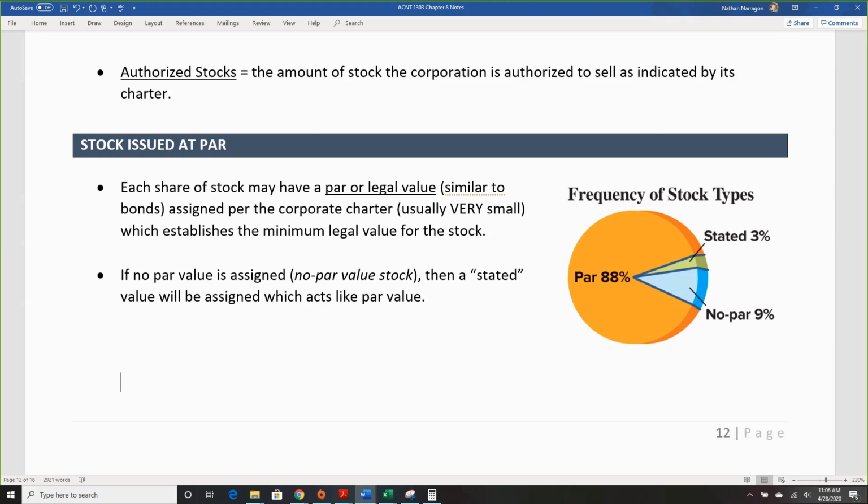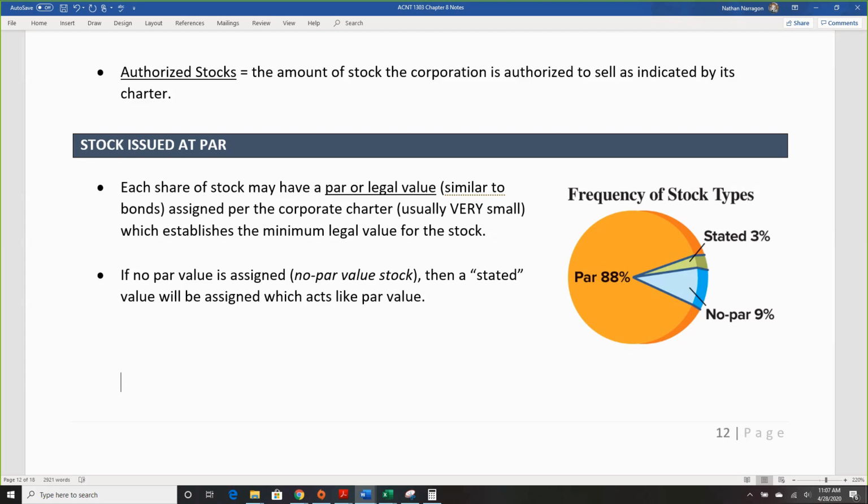Usually though, this is very hard, because companies typically will put their par value as the smallest they can legally. This is where we get the statement of penny stocks. But it's always assigned per the corporate charter, and again, minimum legal value.